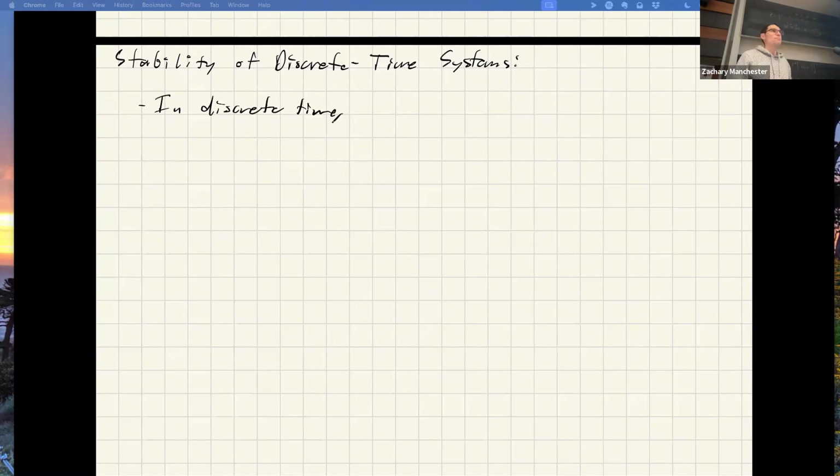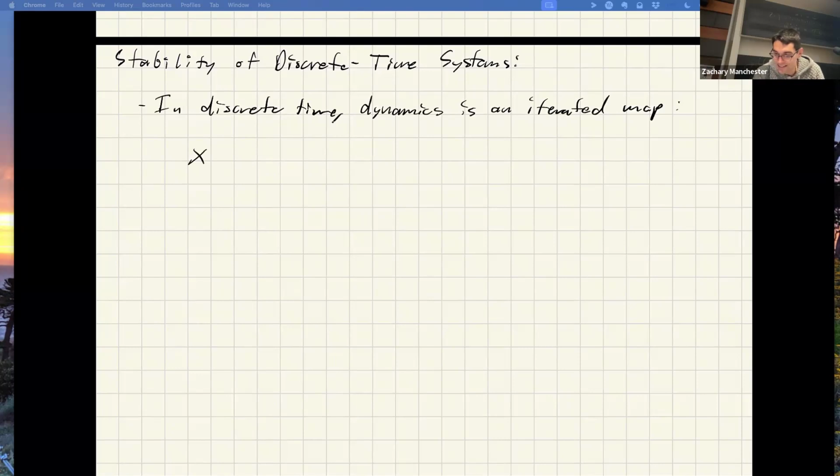It looks like an iterated map. So x1 is f of x naught, x2 is f of f of x naught, and so on. We keep iterating the function call a whole bunch, so it's an iterated map.